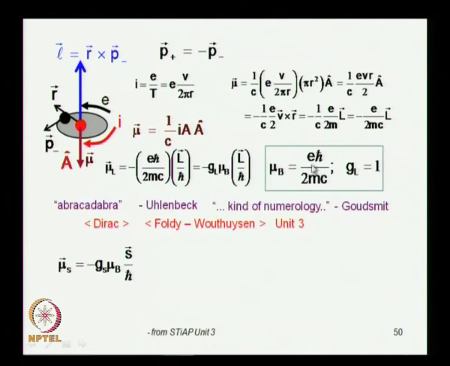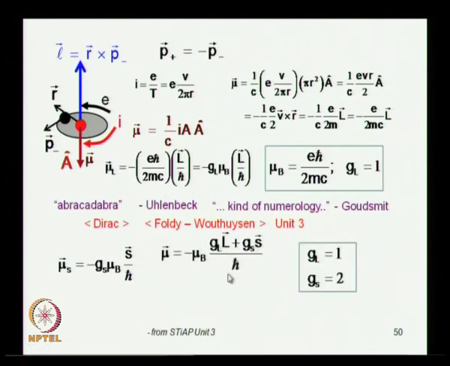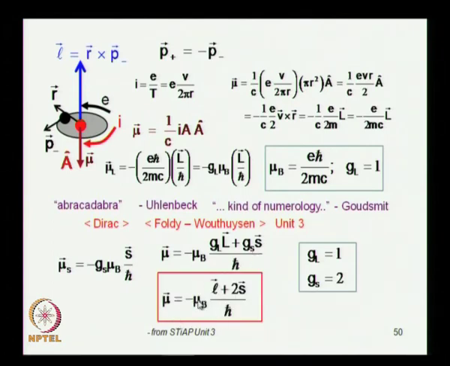So, this is the net magnetic moment which should come from two sources, one is the orbital angular momentum and the other is the spin angular momentum. Together with L and S, L scaled by g_L equal to 1 and S scaled by g_S equal to 2, you have a net magnetic moment which you should now be using.